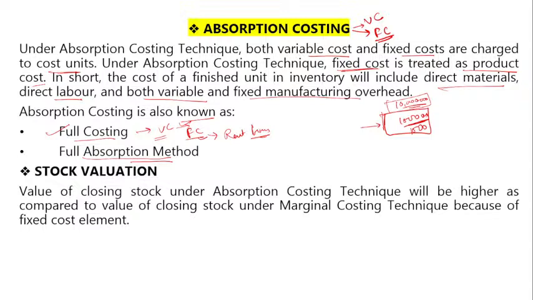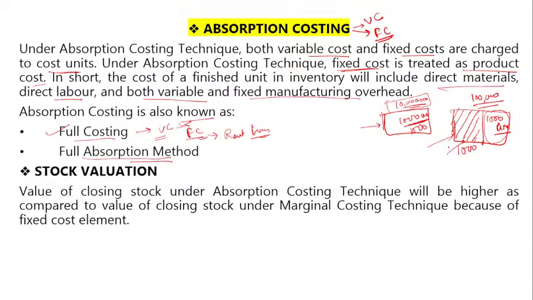absorption of the full area. If this is a godown of the company, and I am using this area for storing 1000 units, this area still remains. So if the company utilizes this area for storing the 1000 units, in that case the company pays 1 lakh rupees as rent.